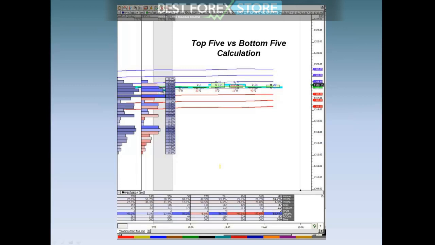What you're going to be looking at is what we call the top 5 and the bottom 5 calculation. And what we're doing here with this calculation conceptually is very simple. We take a look at the percentage of volume that's traded at the top 5 price levels in the range. So this has been my range for, say, an hour.